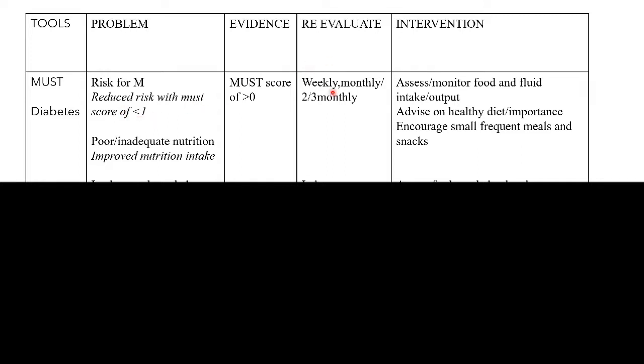Then you can re-evaluate weekly, monthly, or 2 to 3 monthly. After your MUST assessment, you can use the intervention or the outline of clinical response. You are also given when to review. You can use that here. Could be weekly, monthly, or more.